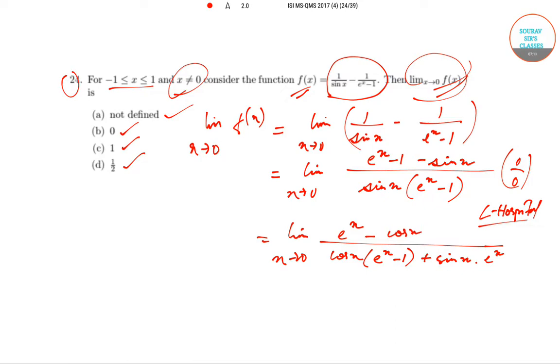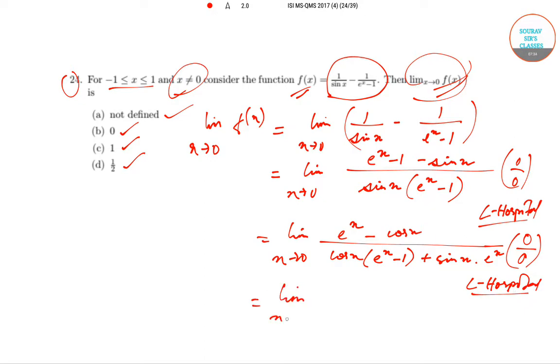Similarly here also, if you put x equal to 0, then e to the power 0 is 1 minus cos of 0 is 0, so it is 0 above. And similarly below, it will be cos of x into e to the power x minus 1, this is 0, and sin of 0 is 0, so this is also again 0 by 0 form. So again we will use the L'Hospital rule and differentiate both above and below.